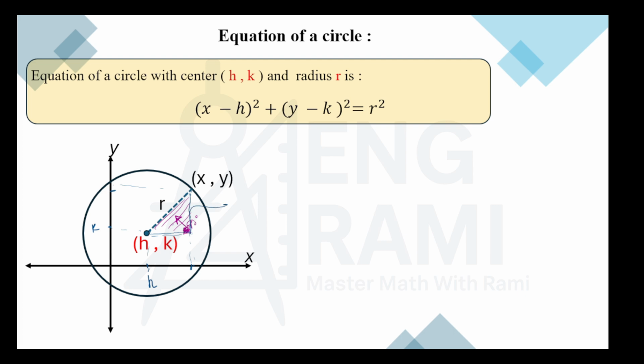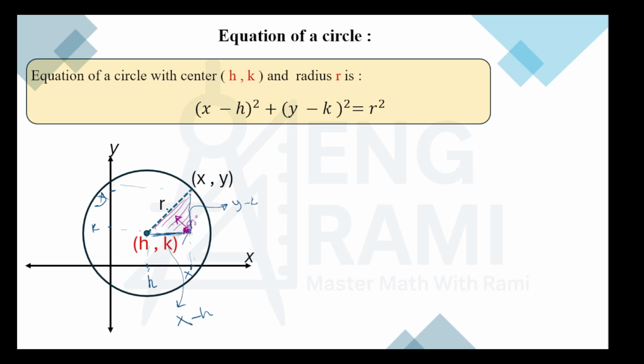What is this side? Here is x, and here is y. This side equals y minus k, and this side of the triangle equals x minus h.